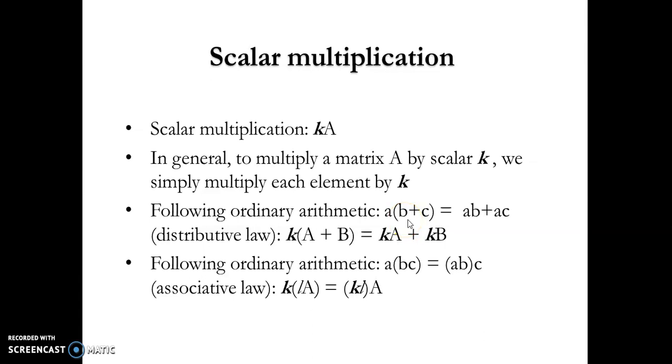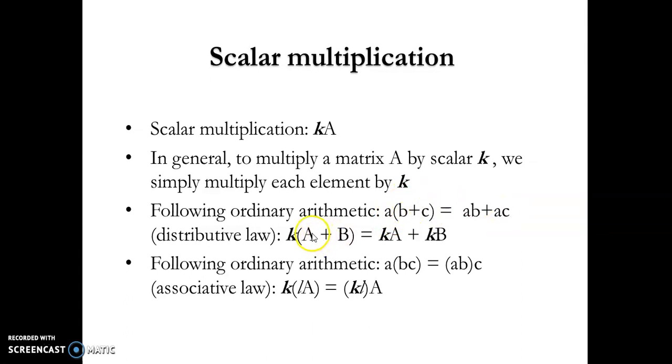With your distributive law, you can take this factor A and distribute it into the factors in the brackets. So you can take A and multiply it by B, and you can take A and separately apply it to C. So therefore you get AB plus AC, right? So that is the distributive law.